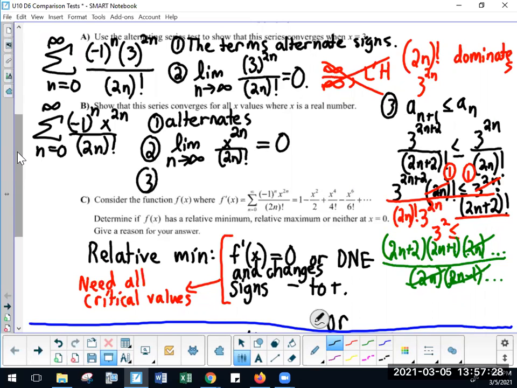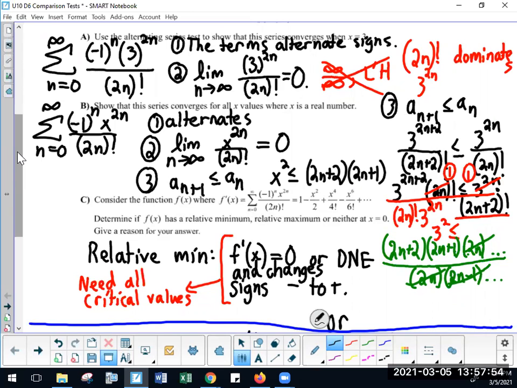And then for the third thing, pretty much what I did here, but replace the 3's with x's. So we end up with x squared is less than or equal to 2n plus 2 times the quantity of 2n plus 1.